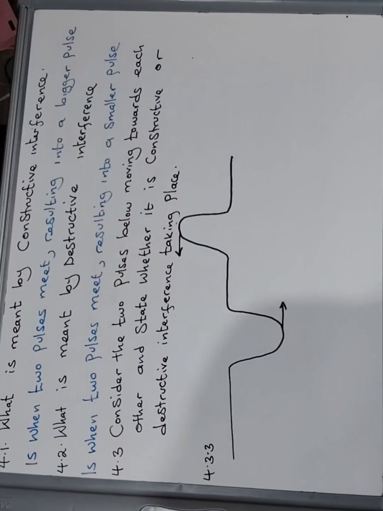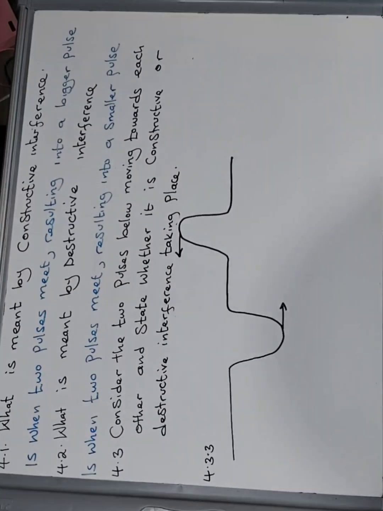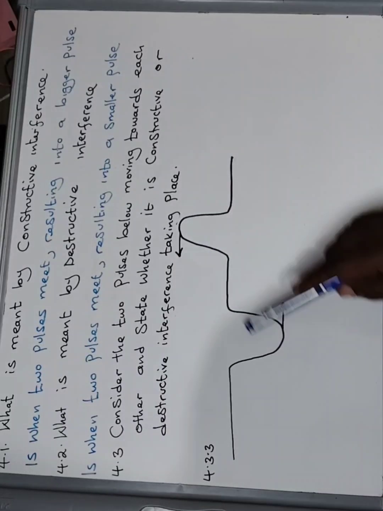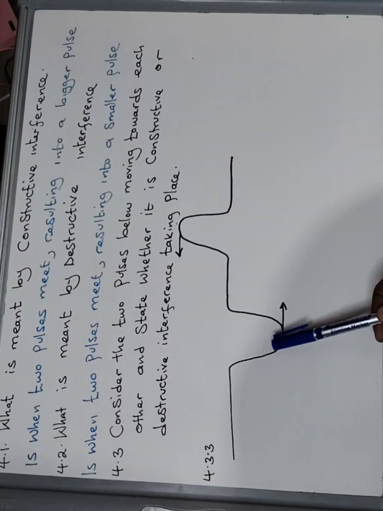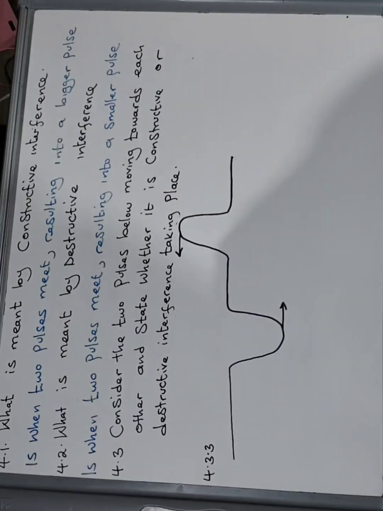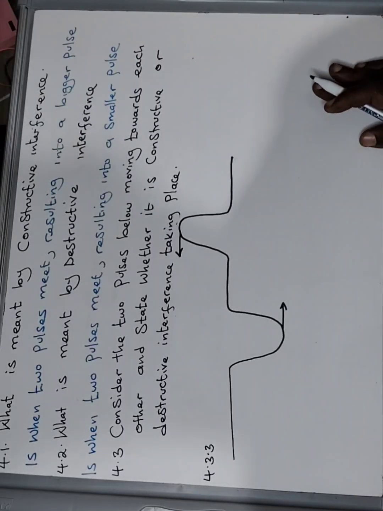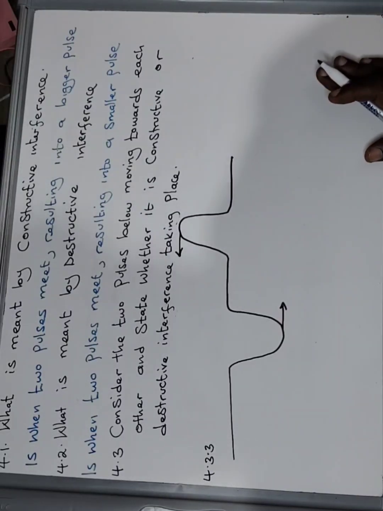And so comes this one. These are the two pulses and they are moving towards each other. So what interference is bound to form here? Remember, one is positive and one is negative, so there is some bit of cancellation which is going to take place, and that one will result into a smaller pulse or no pulse depending on the circumstance.